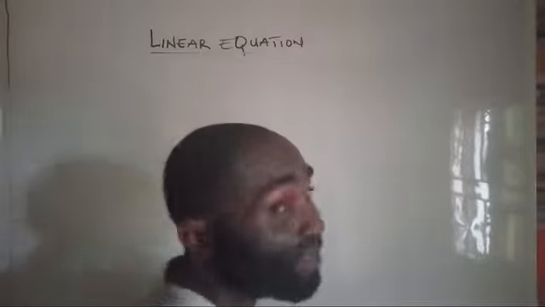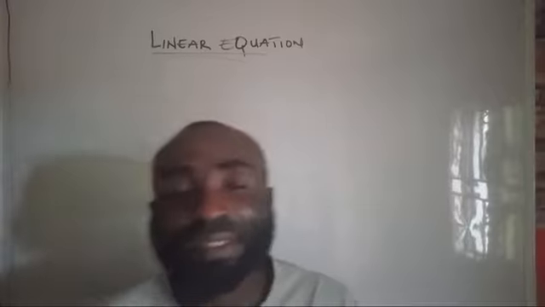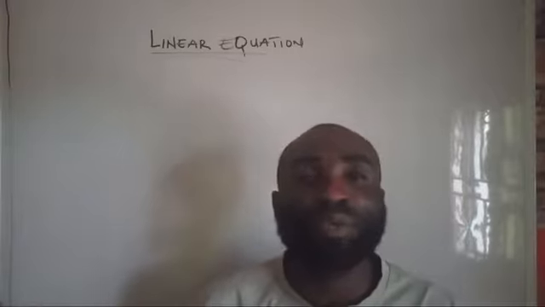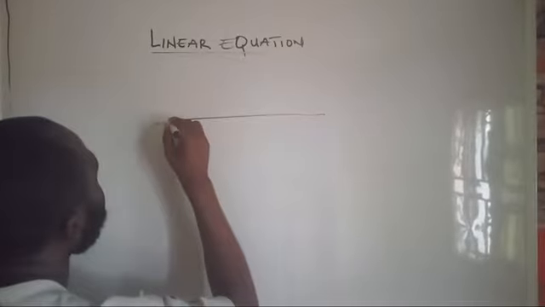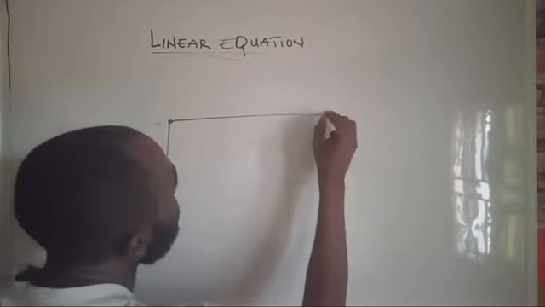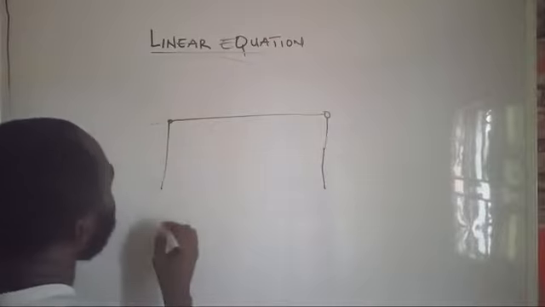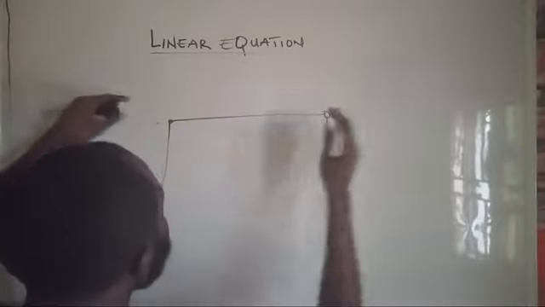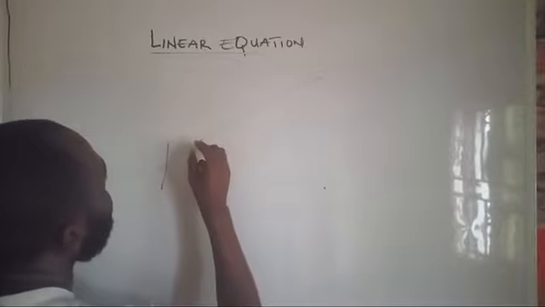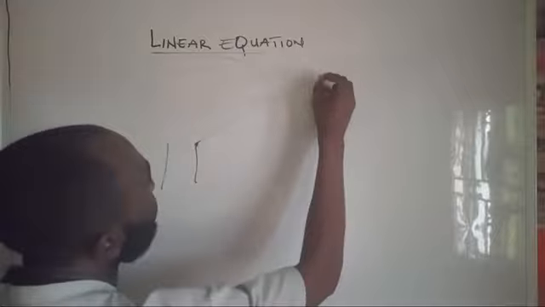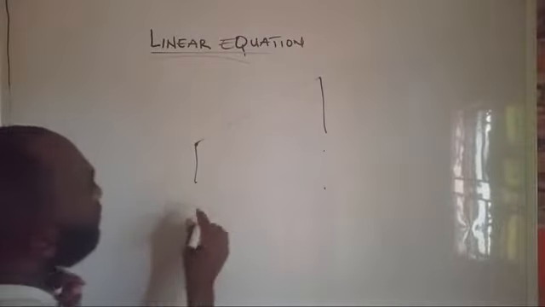But first, what is a linear equation? A linear equation is a mathematical statement that states when two things are equal. For example, we have a square, and we attach a rope at the end. We want to balance this thing. It's not balanced. Assuming we attach one mass here, and we attach another something with weights.